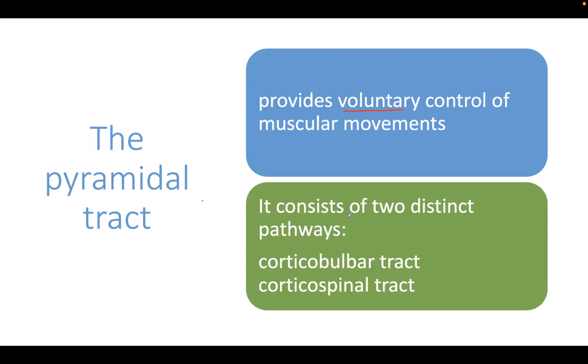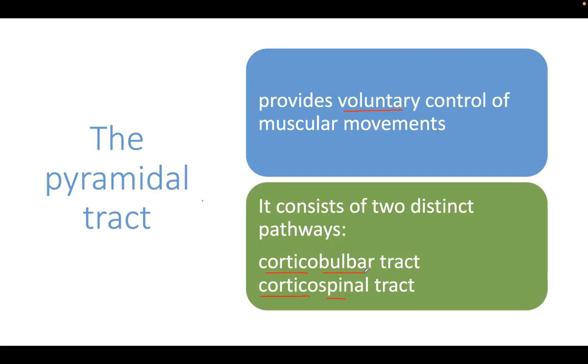As the name indicates, the corticospinal tract is a pathway which has fibers originating from the cortex going to the spinal cord, while the corticobulbar tract is a pathway that has fibers that originate from the cortex, hence the term cortico, then to the bulbar area or the brainstem, particularly the cranial nerve nuclei of the brainstem.